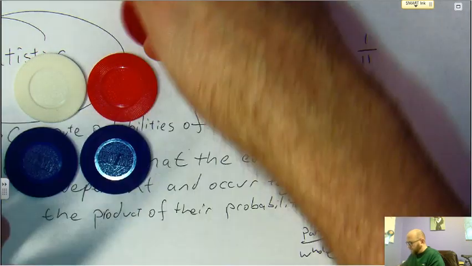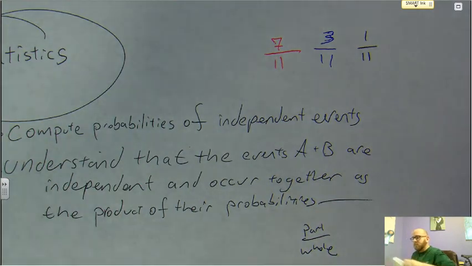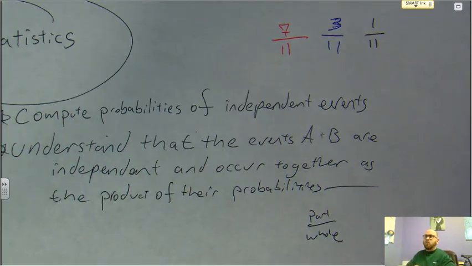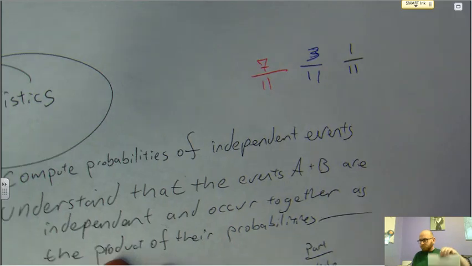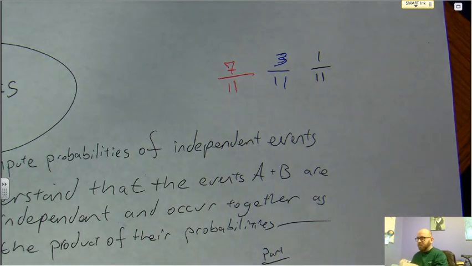Now, let's imagine I have these poker chips, and I put them in the bag, and I want to pull out the same one twice, okay? What are the odds that I'm able to pull out a red one twice? I reach in, pull out a red one, I did it. Put it back in, and then reach in, not looking.